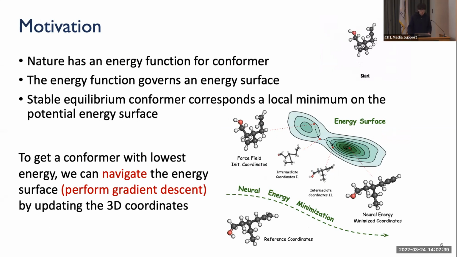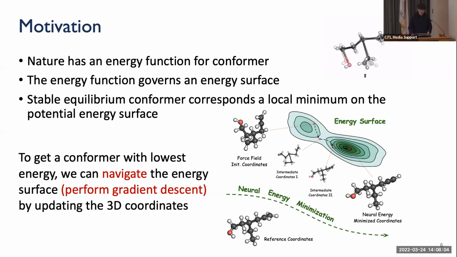So to get a conformer with lowest energy, we can feed the model with an initial conformer, and we can navigate the energy surface or perform gradient descent by updating the 3D coordinates to gradually optimize the initial conformer to the low energy state.